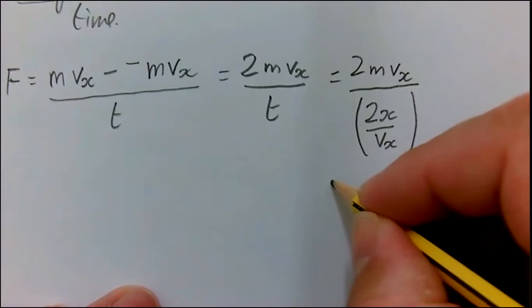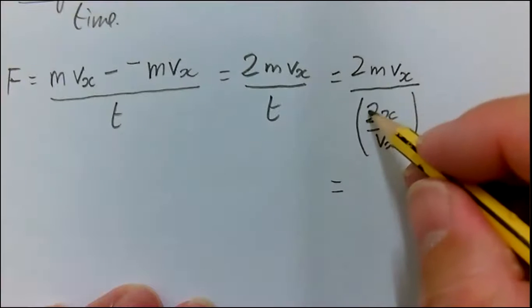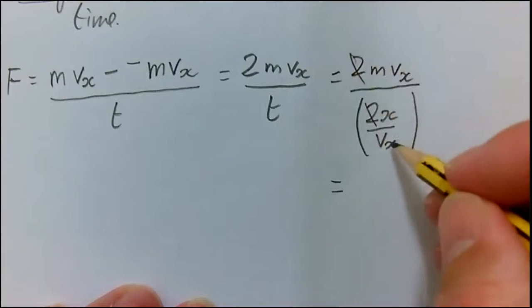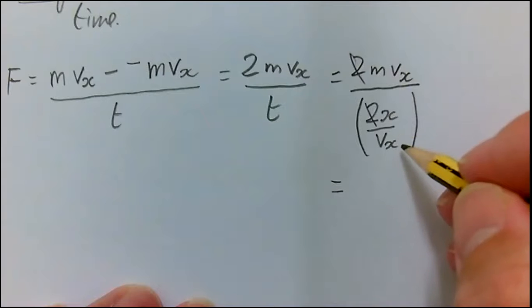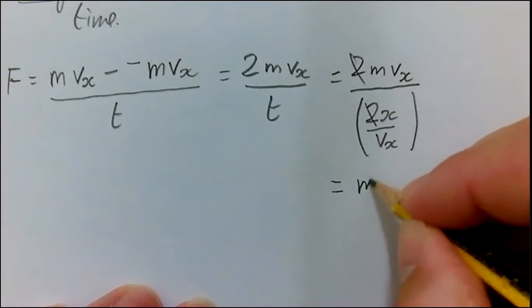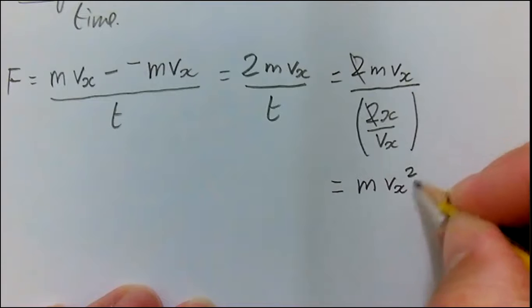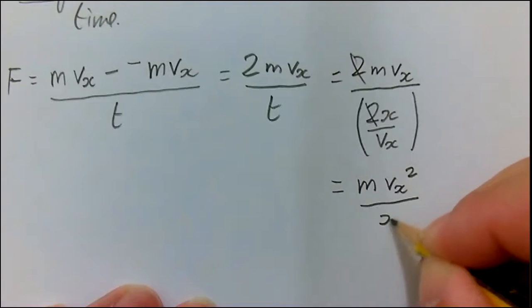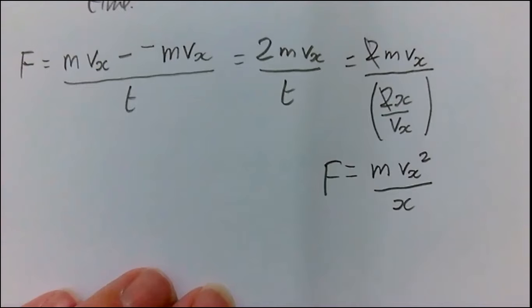The 2 cancels with the 2. If you've got the reciprocal of a divided number, the Vx just comes up to the top. So you've got mass times Vx times Vx again over x. And that gives you the force on that wall.